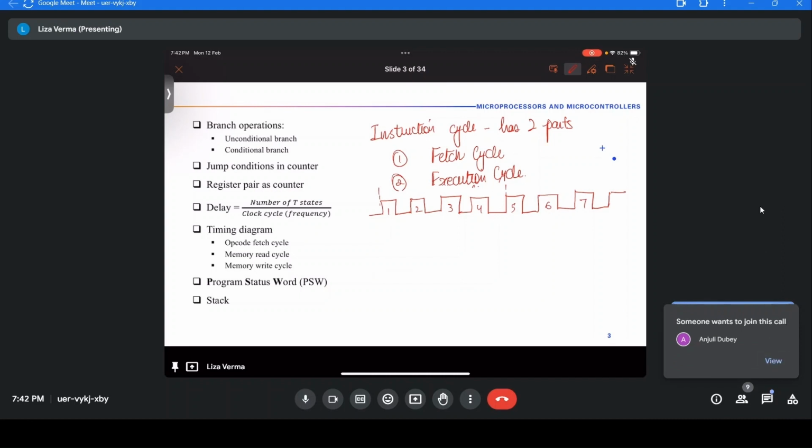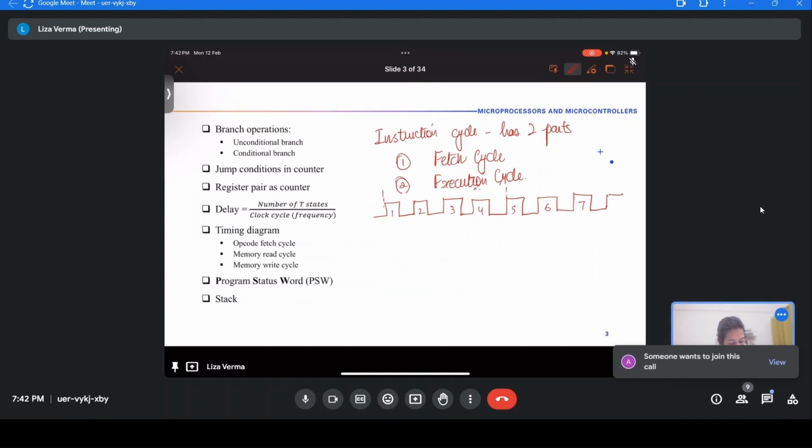In the first T state, during T1, the higher order address bits will be loaded onto the higher order address lines.